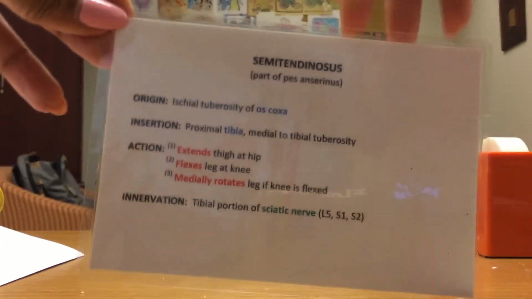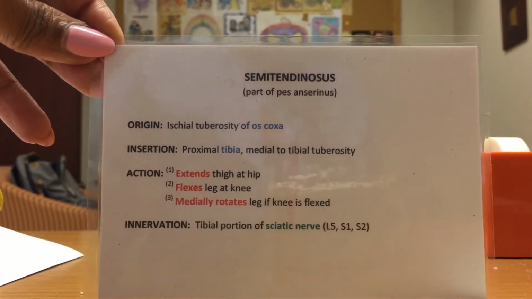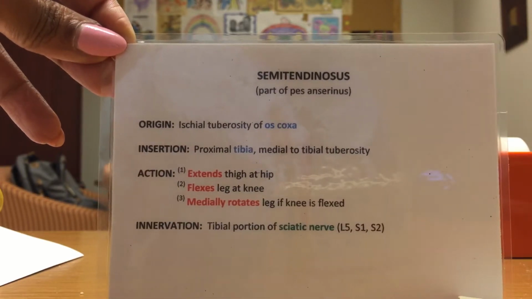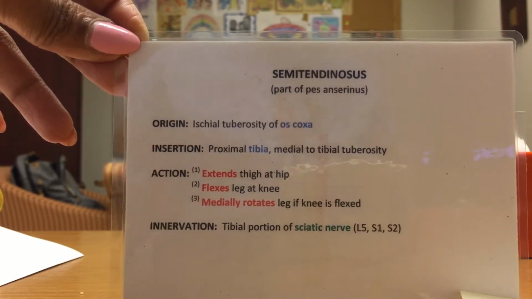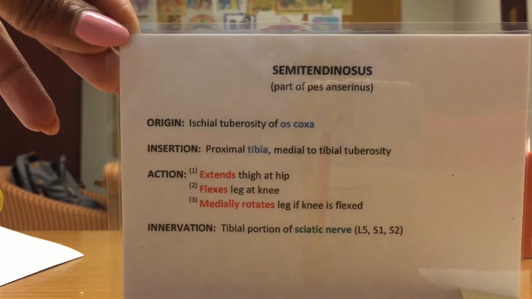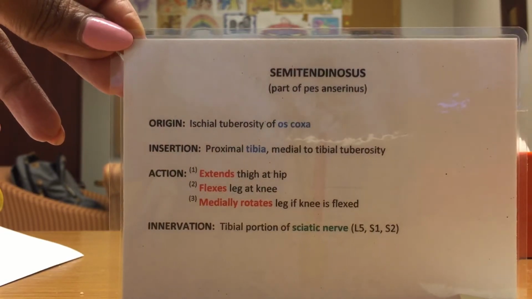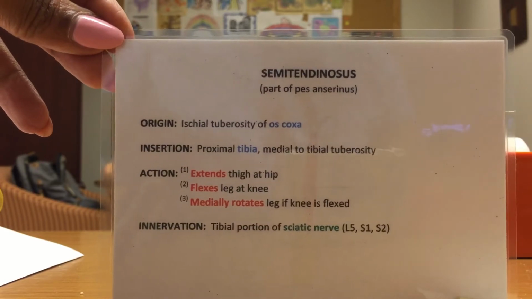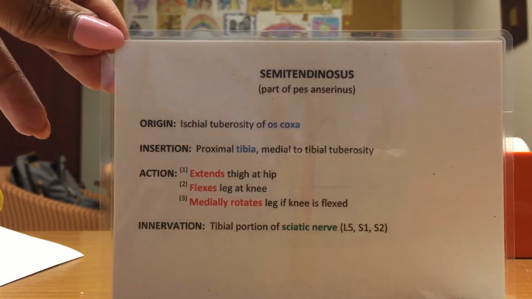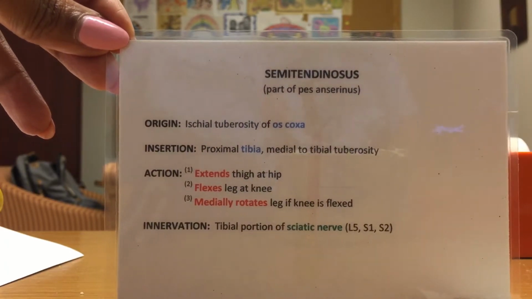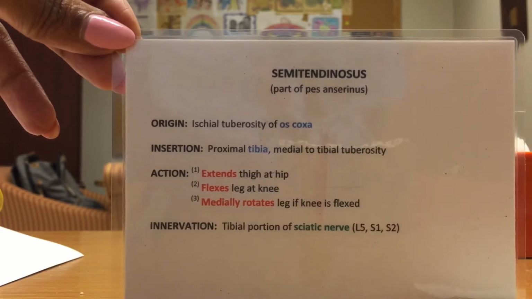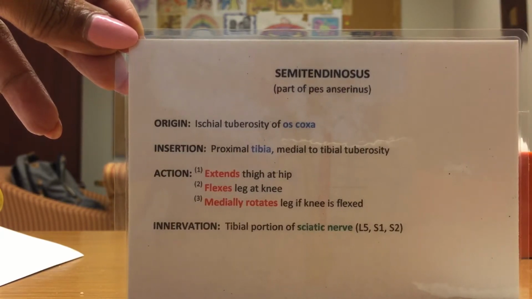The origin, as I said, is going to be the same for all 3. So the origin of the semitendinosus is the ischial tuberosity of os coxa. The insertion is the proximal tibia medial to tibial tuberosity. And again, it does 3 things. The first 2 are going to be the same.